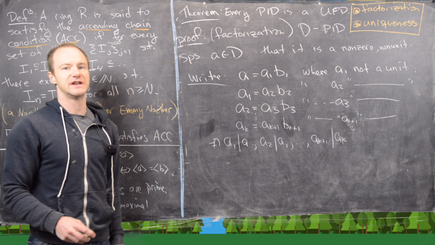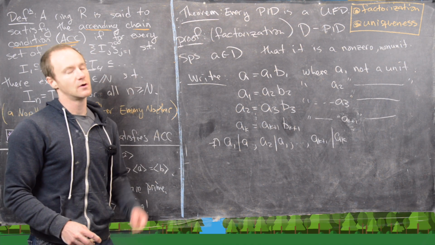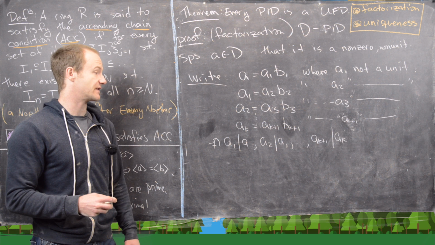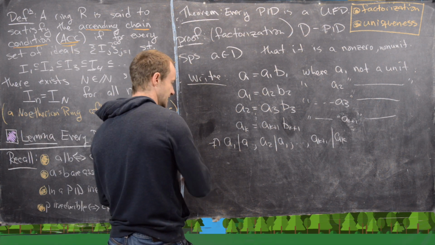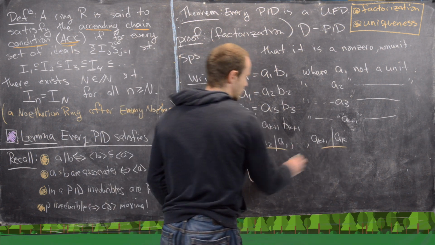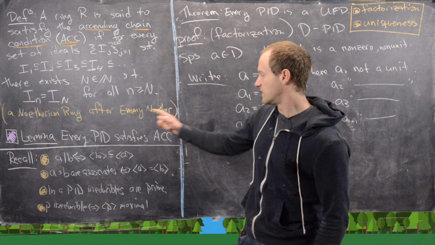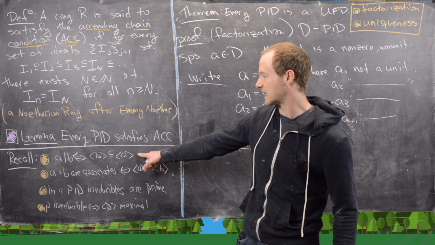So just by the definition of divisibility within a ring, which mimics divisibility inside of the natural numbers. So that's good. But all of these divisibility rules tell us that we have containment in terms of the ideals.